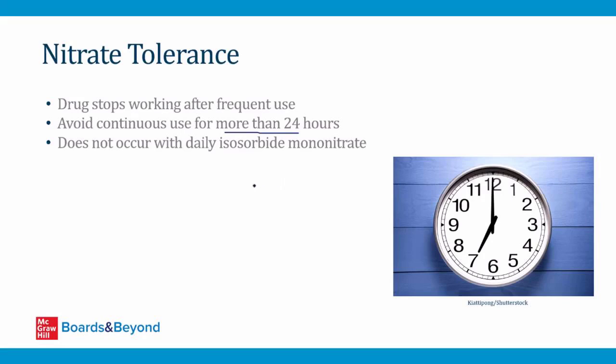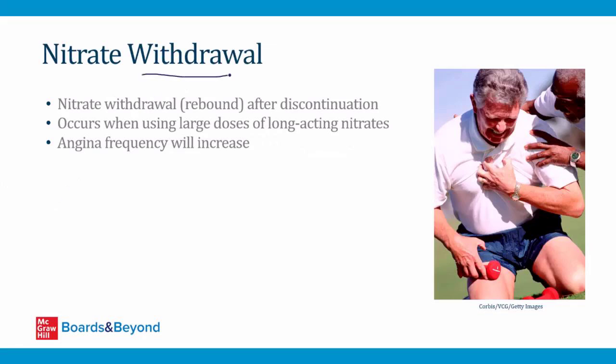Importantly, we now have a long-acting once-daily form of nitrates called isosorbide mononitrate, and this version of nitrate does not have tolerance occur. You can also withdraw from nitrates if you've been taking them for a long period of time. So if patients are taking long-acting nitrates every day and they abruptly stop the drug, they can sometimes have rebound angina, and their angina frequency will suddenly increase after they stop the nitrate.